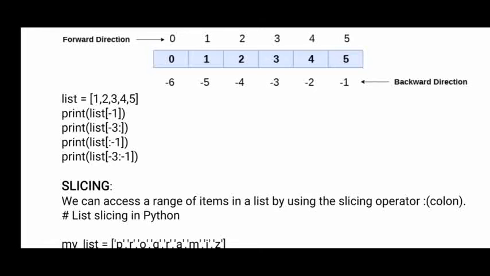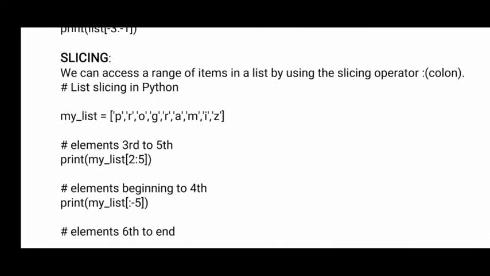Now you see the slicing I have just explained, no? Extracting elements. Here my list contains 8 elements, and are printed.